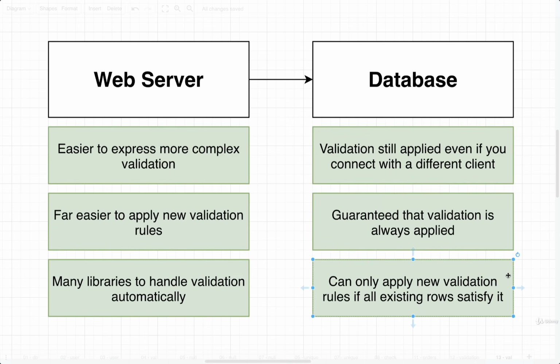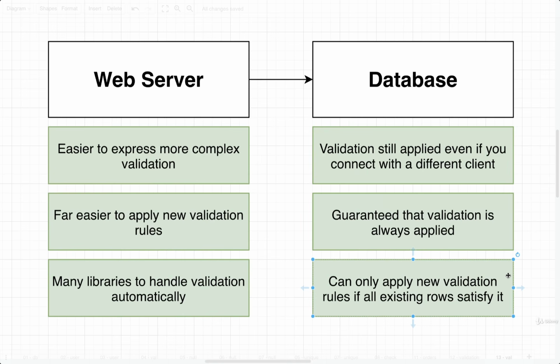Finally, and this one seemed kind of like a gotcha, the way it was presented, kind of seemed like a bad thing. But whenever we tried to apply a new validation rule and all the constraints we were just talking about, we saw that we always had to make sure that the existing data inside the table satisfied that validation rule we were trying to add. So in other words, we could not apply that not null constraint to a column that already had null values inside of it. Now that's actually kind of a good thing.